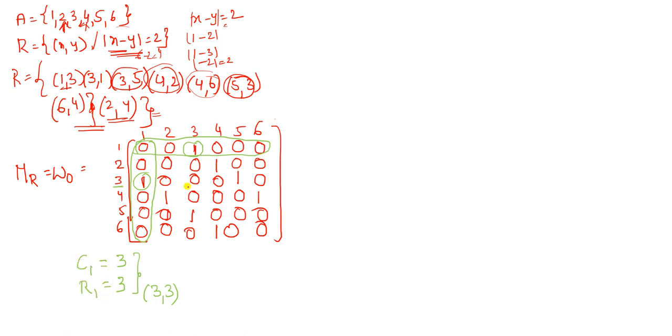Where is it? This position. In this position we have to insert 1 and remaining all are common, just copy all the entries into W1. I'm going to write here W1, this is our new matrix from W0. 0 0 1 0 0 0. We have only one new entry here, that is 3 comma 3, so we need to insert 1 here only.